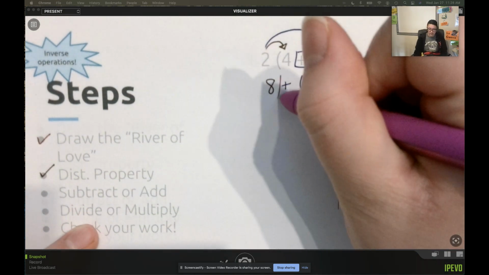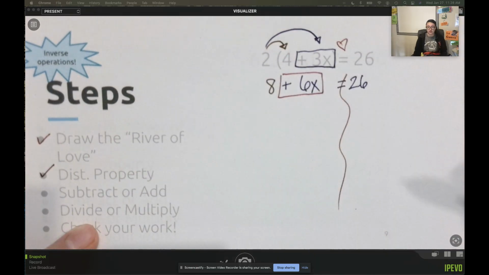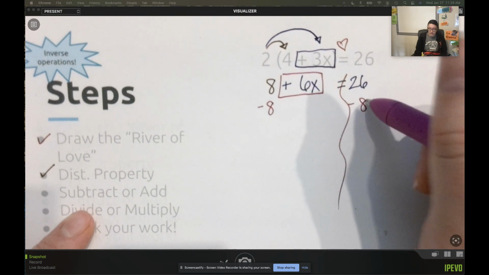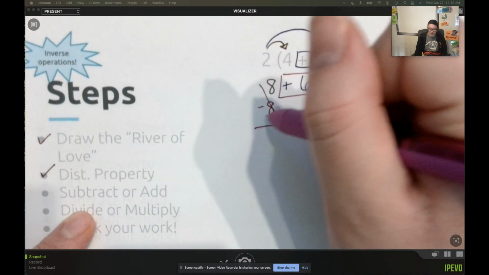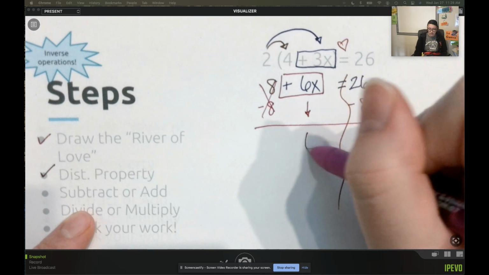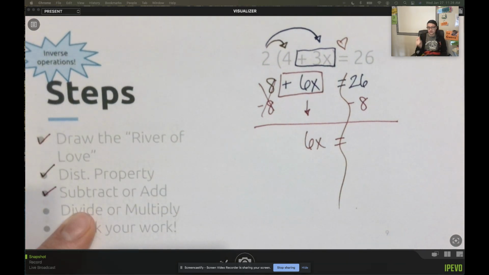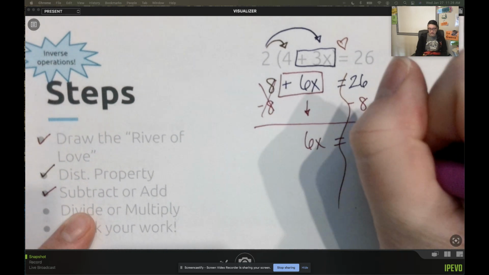I want to protect my coefficient, my variable, save that for last. I get rid of an 8 by doing what? The inverse, the opposite. That's a positive 8, so I need to subtract 8 from both sides. Bring down my 6x. What is 26 minus 8? 18.